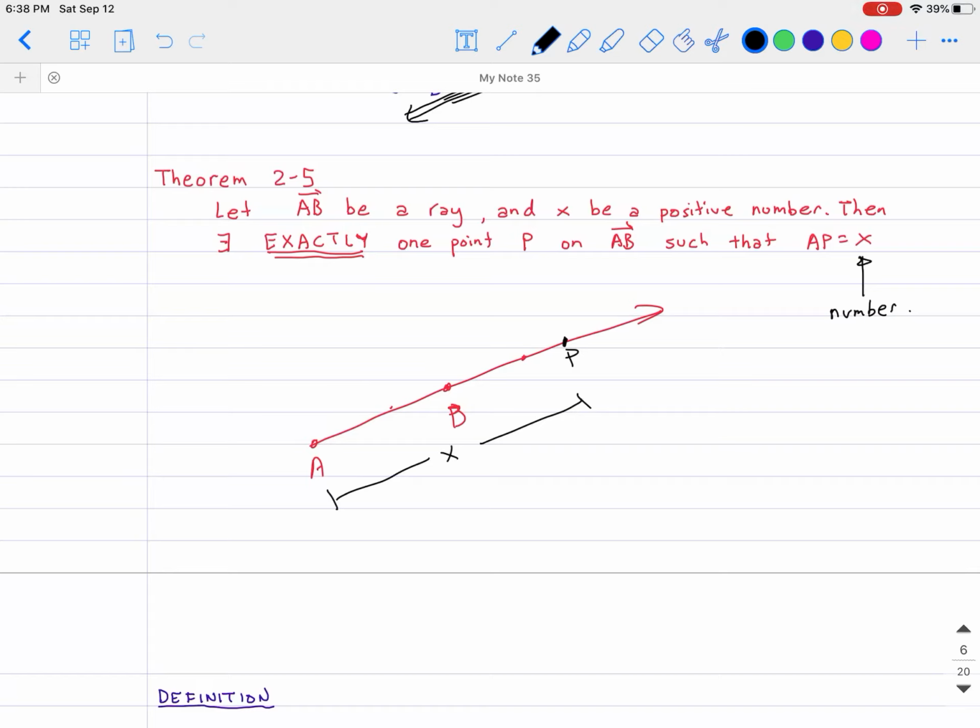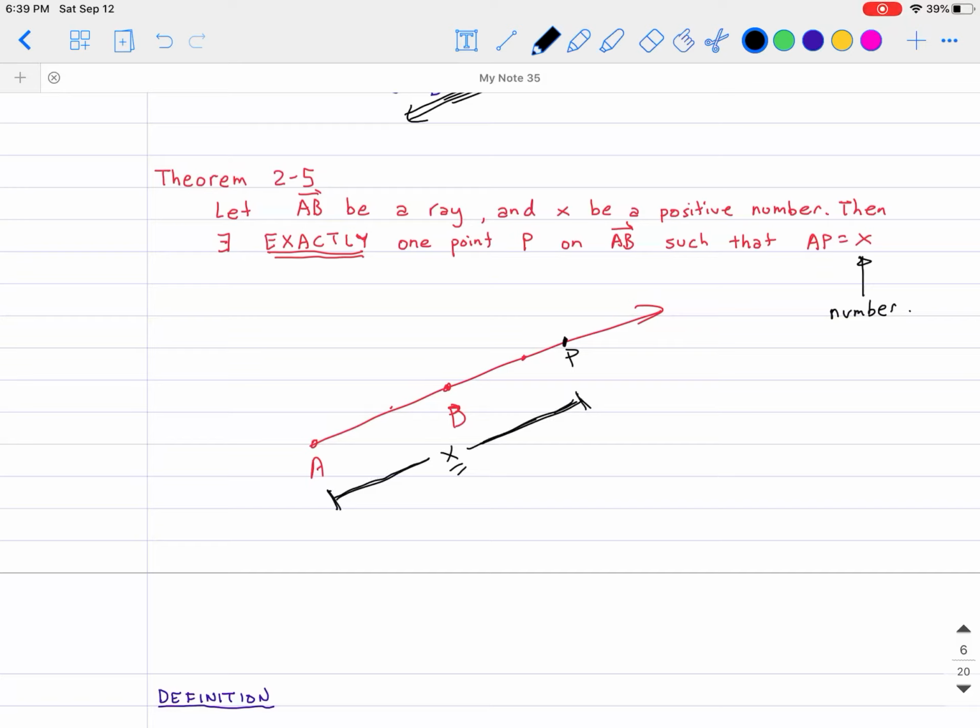Okay, now again, looking at the words that I noticed, I am going to try to prove that there is exactly 1 point so that there is going to be that length. Okay, so let me just reiterate what this theorem is actually saying, just in case you're a little confused. It says basically that you have a ray right here, AB, and on that ray, I am going to have a certain length.